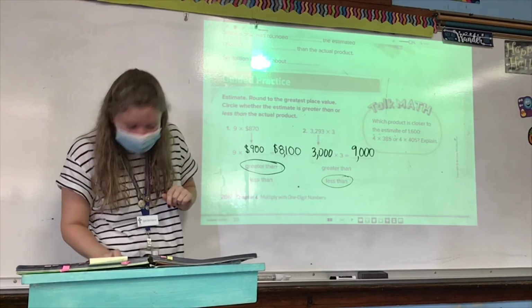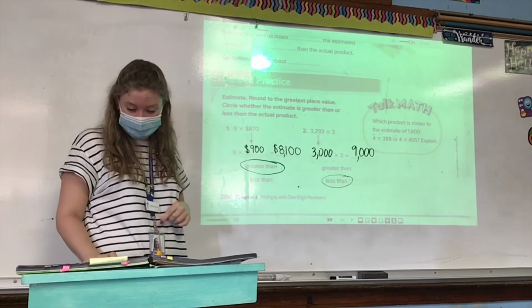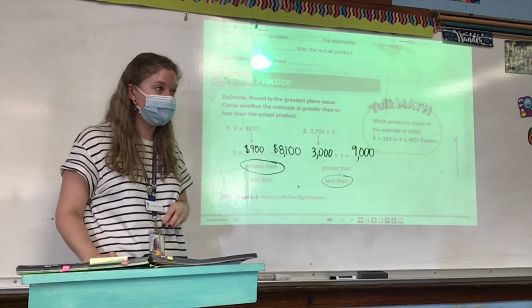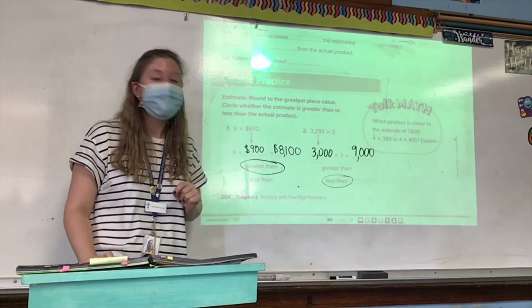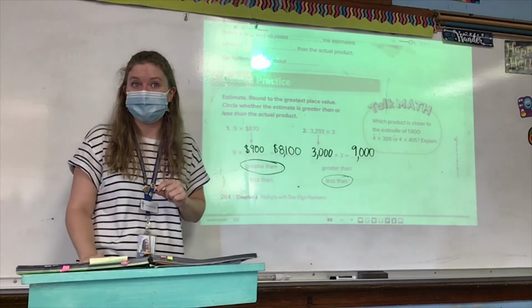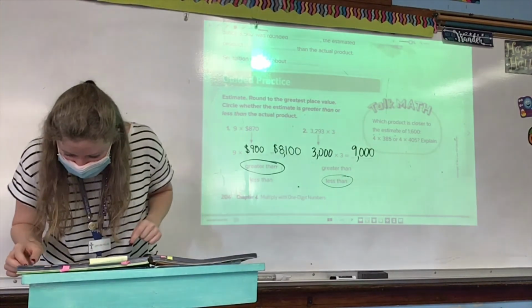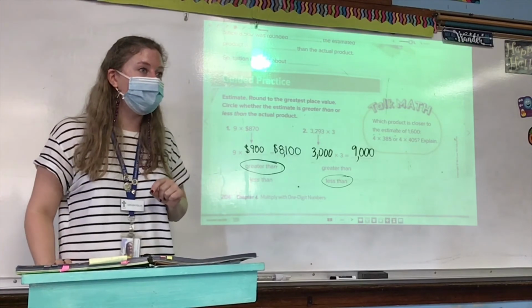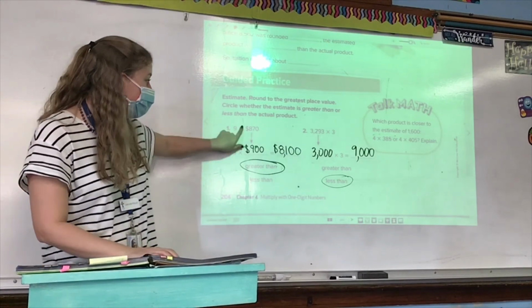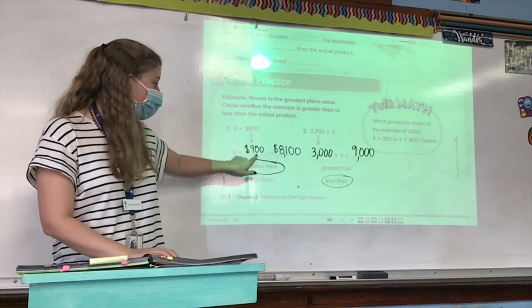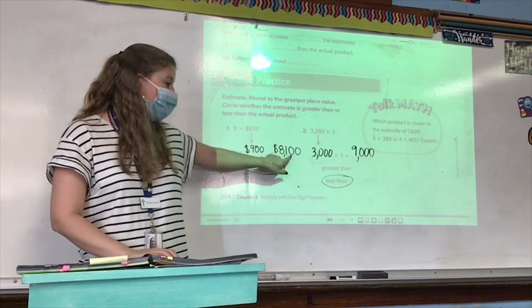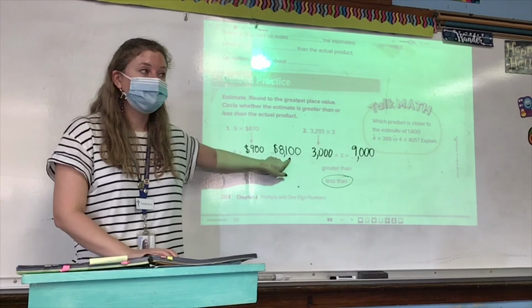Numbers 9 through 12, you need to show the work. You need to show the estimated equation, and then the estimated answer. Numbers 12 through 16 are word problems, so that means you need the actual problem without an answer, the estimated problem, and then the estimated answer with a unit.